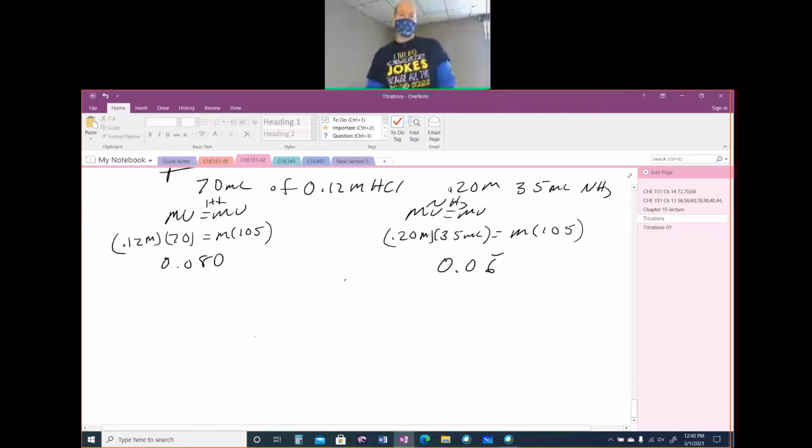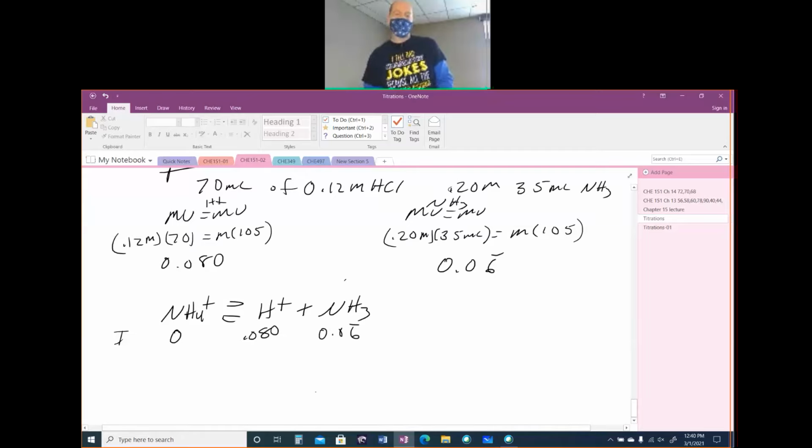All right, and so again, we have the same exact reaction. NH4 plus in equilibrium with H plus and NH3. And we plug in our initial. 0 for the NH4, H plus is 0.08. The NH3 is 0.06 repeating. Now we see that the 0.06 repeating is the smaller number.